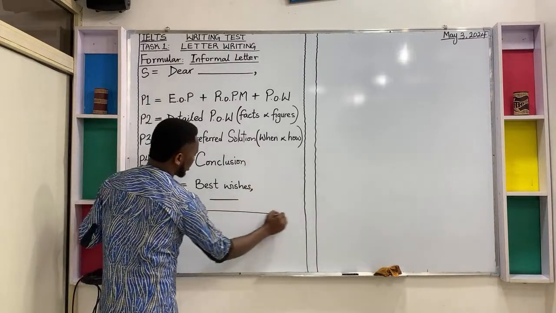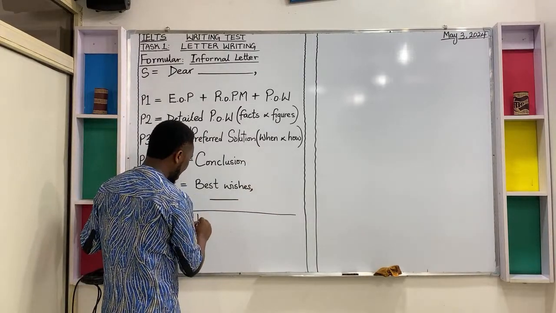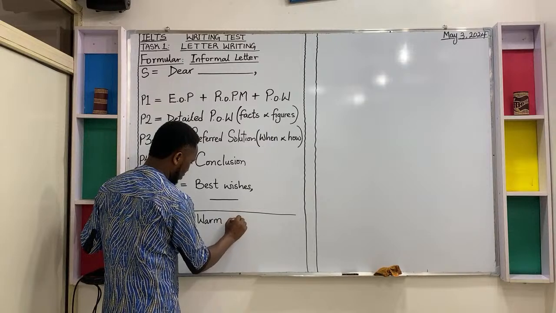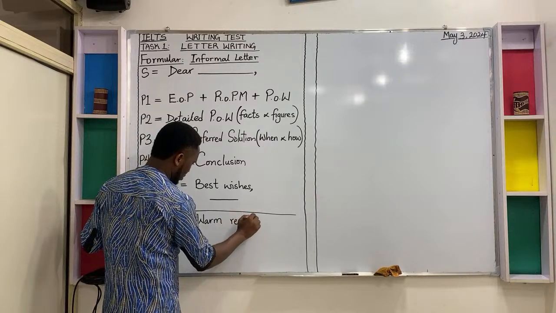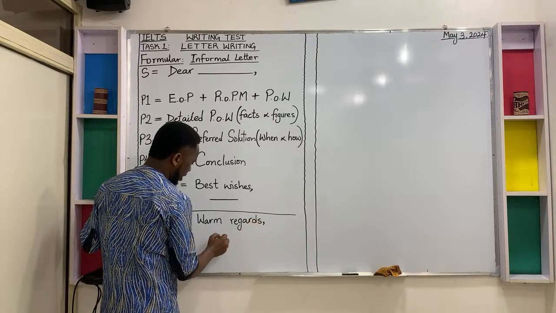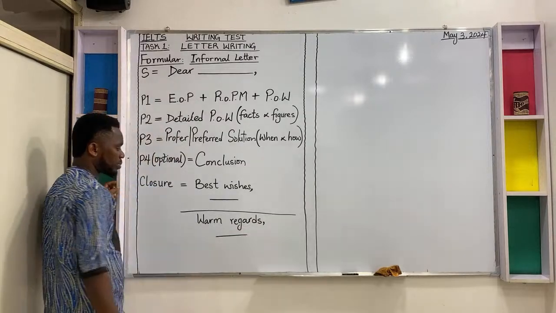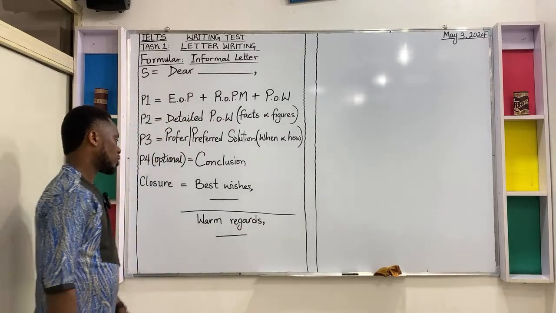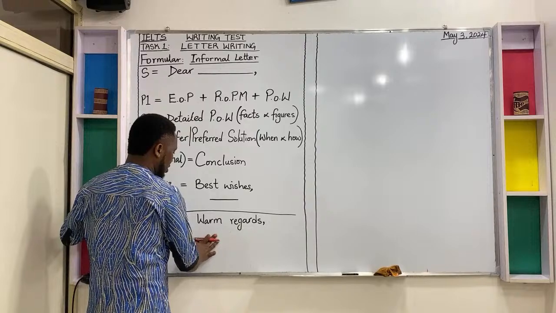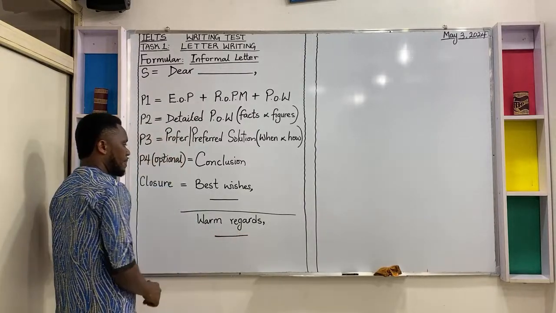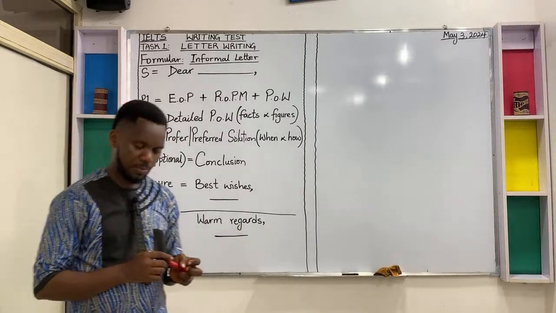Or you can as well say warm regards, your comma again, and then just one name. It could also be a nickname. So these are ways you can close your informal letter.